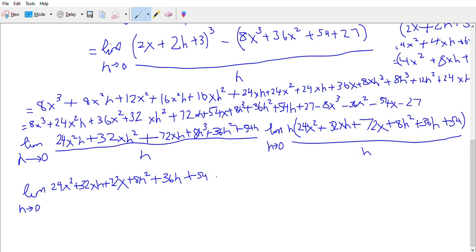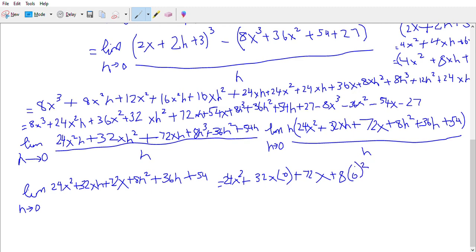So now plug in 0 for all the h variables left. So now this equals 24x squared plus 32x times 0 plus 72x plus 8 times 0 squared.